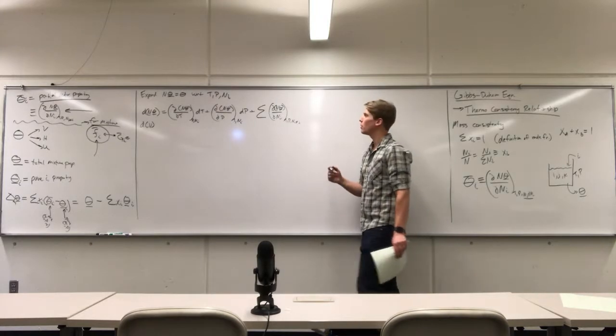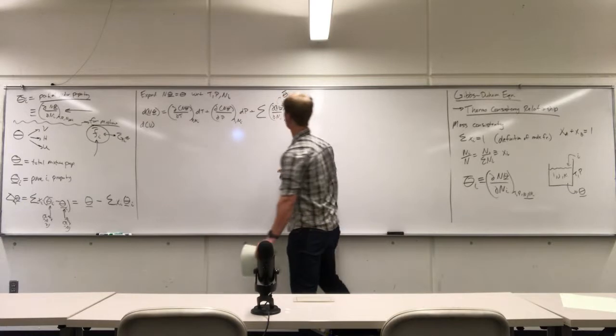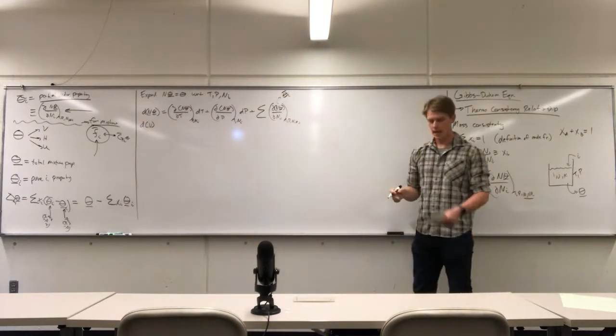So just the same thing we've done normally. We'll notice here, this is exactly the definition of the partial molar property for species i.